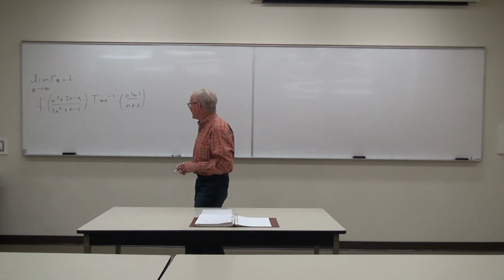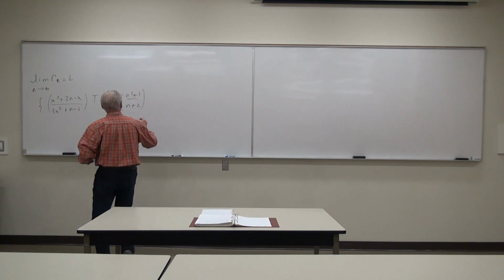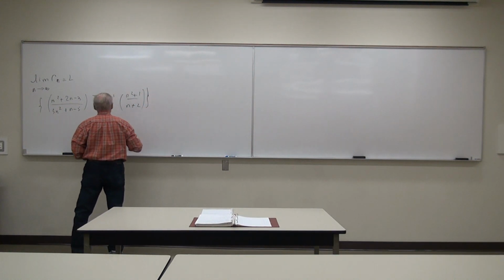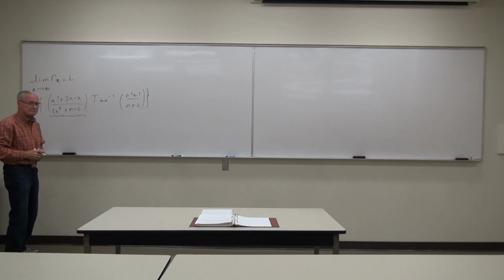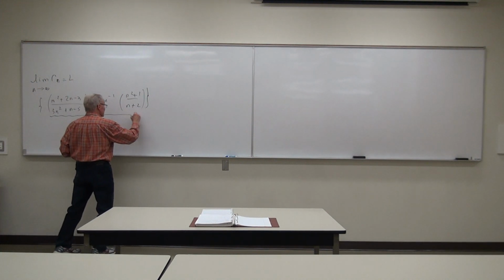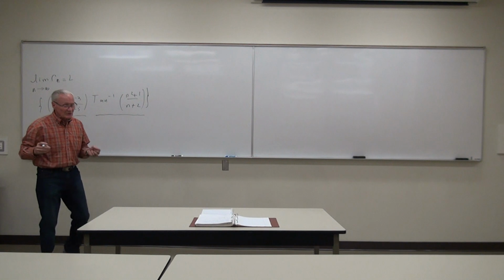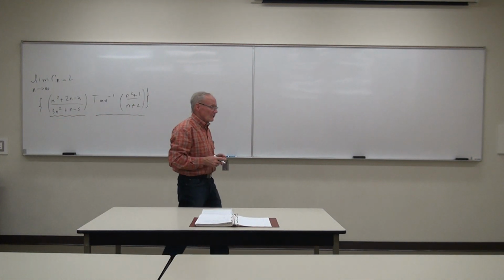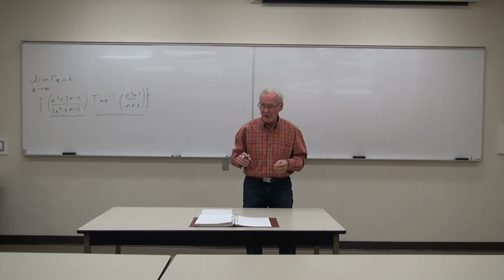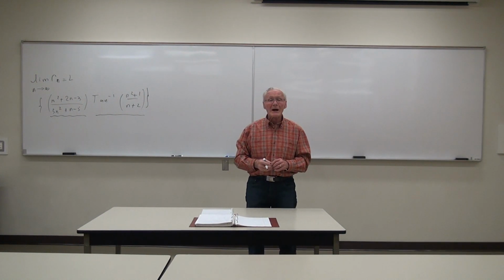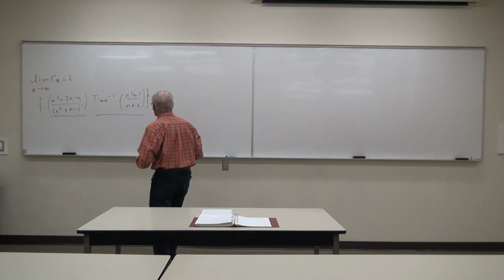A little more complicated than last day, but we can break it down into pieces. I would suggest we talk about the limit of this one as n goes to infinity, and then we talk about the limit of this one as n goes to infinity. If those limits exist, then there's a theorem that says we can multiply those two limits together to get the limit of the sequence as a whole. So let's look at the pieces.